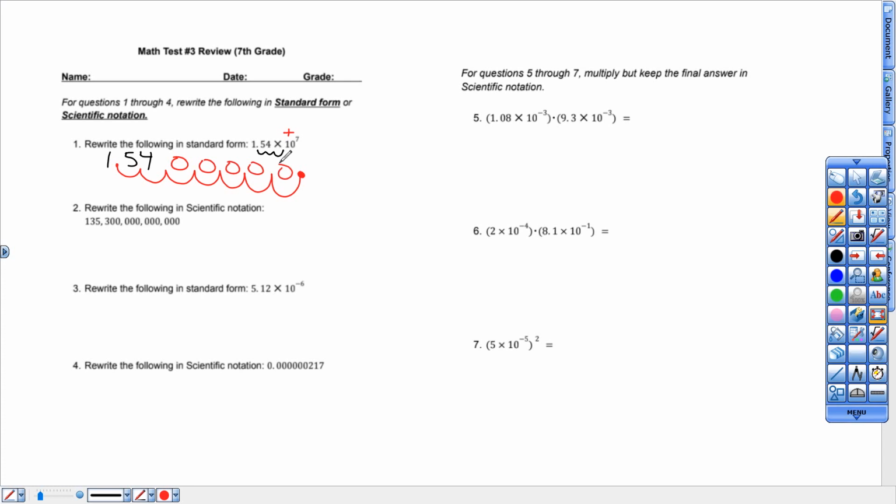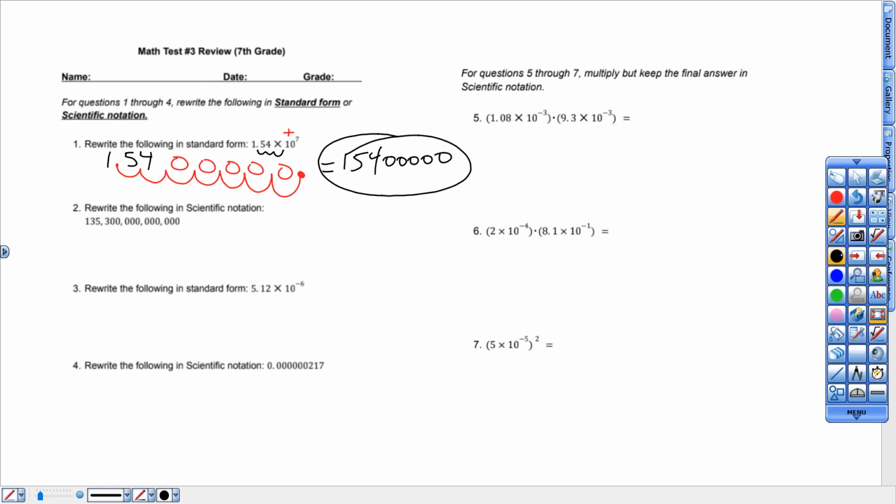So my final answer for that one, lady, is 154 with 1, 2, 3, 4, 5 zeros. Because you're moving it to the left, I mean to the right, because it's positive 7. Remember when we were doing these, sometimes you kind of forgot how many dip-de-doos you did, and you put sometimes too many zeros in there.